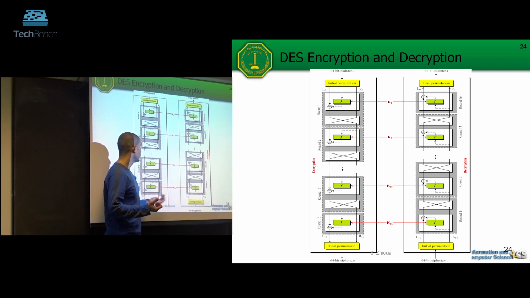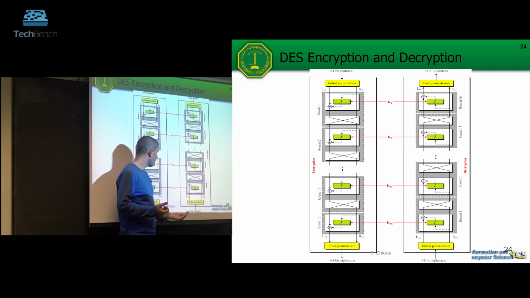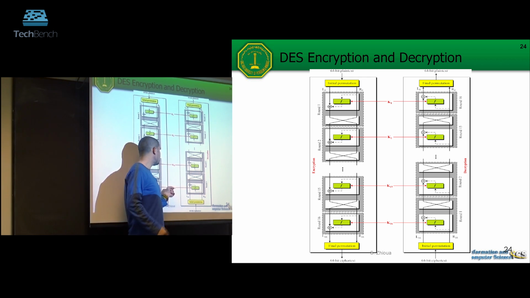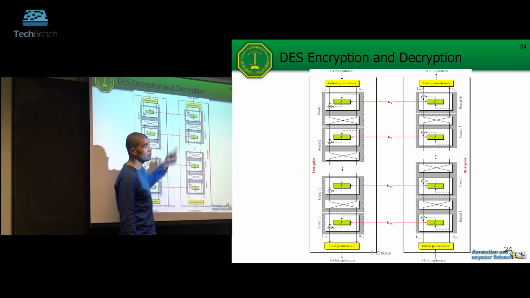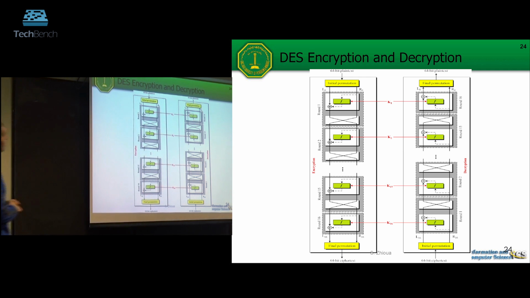So basically, you start from the bottom, and you use the 16th key as the first one, and you do the reverse process until you get back to the plain text data.